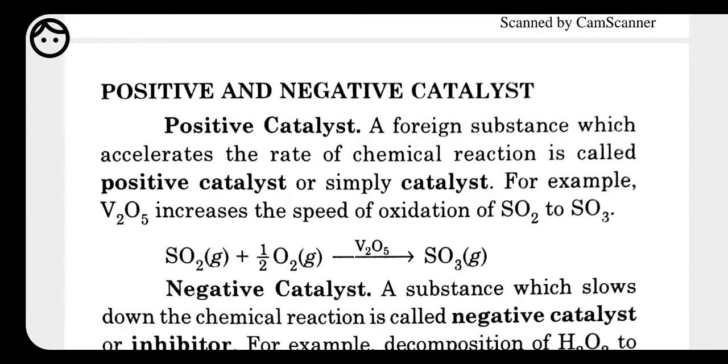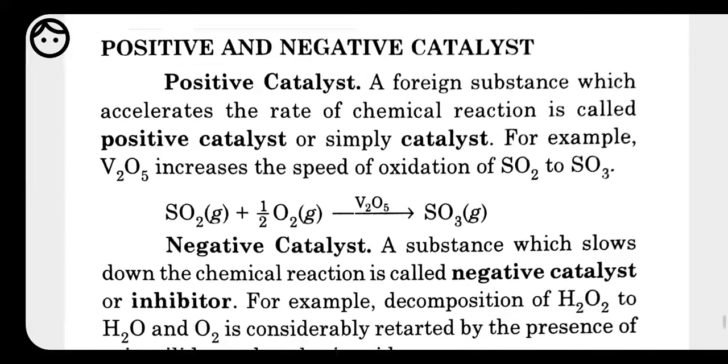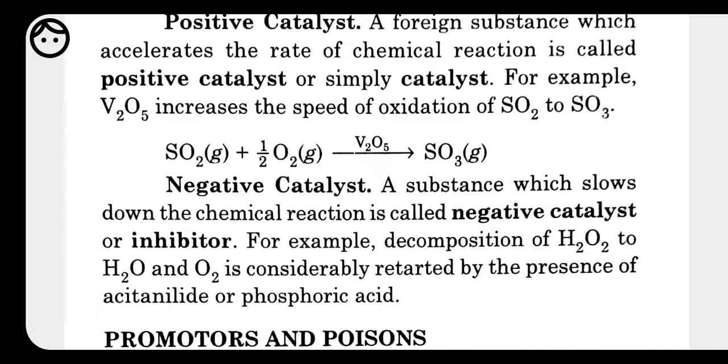But there are many types of catalysts which decrease the rate of reaction, which are also called inhibitors, and they are called negative catalysts. For example, in the decomposition of H2O2 into H2O and O2, we know that H2O2 is a very unstable compound, and it suddenly dissociates into H2O plus O2.